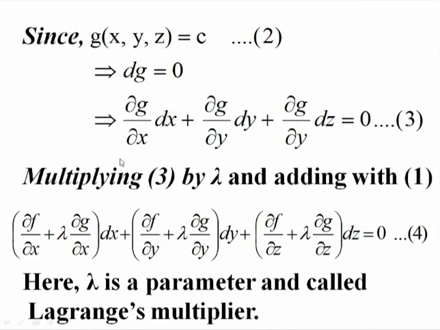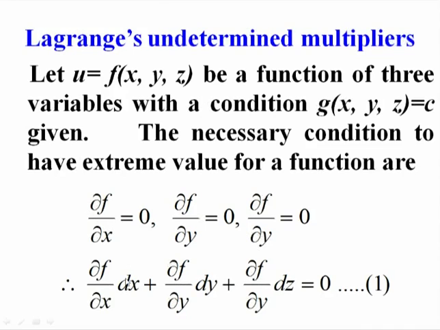So we can multiply this equation by lambda and add it to equation number 1. So we can say that df plus lambda dg is equal to 0. See, let me show you.